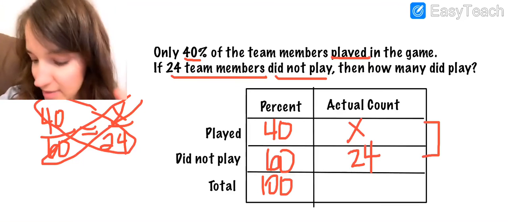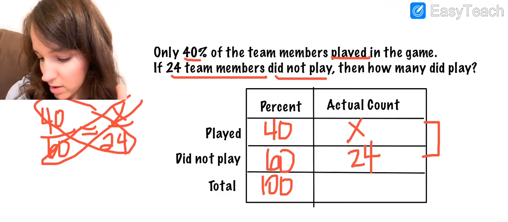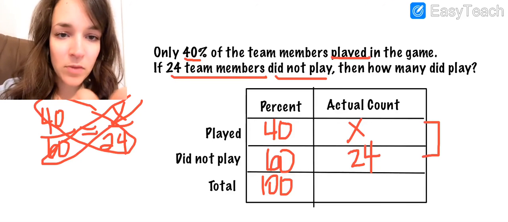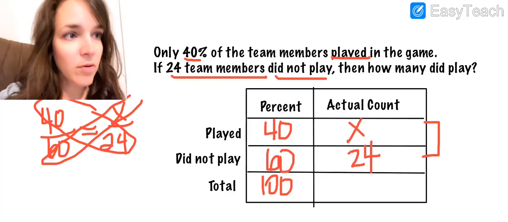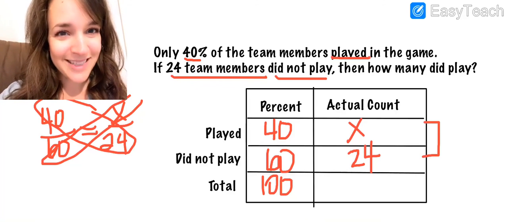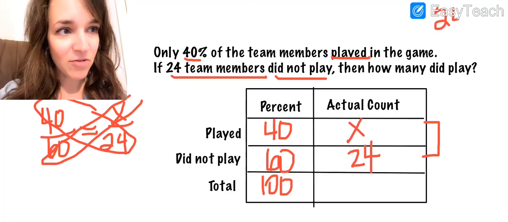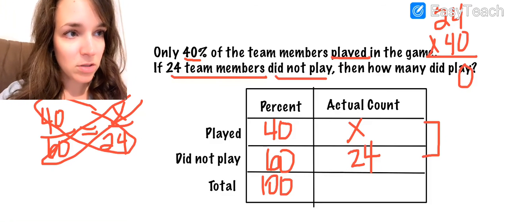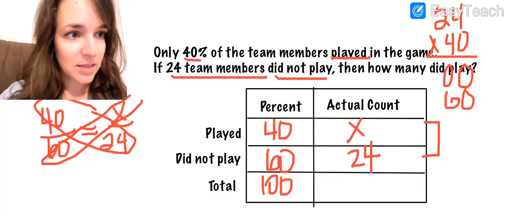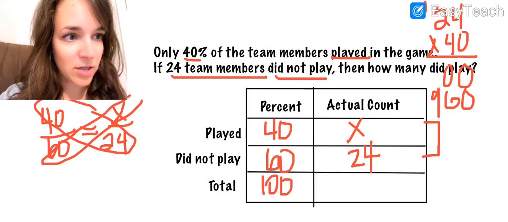So 40 times 24, let me calculate that one real quick. You can always bring that off to the side. So 40 times 24, you could work that out. 0, 0, 0, then filler 0. 16, it's going to be 960.